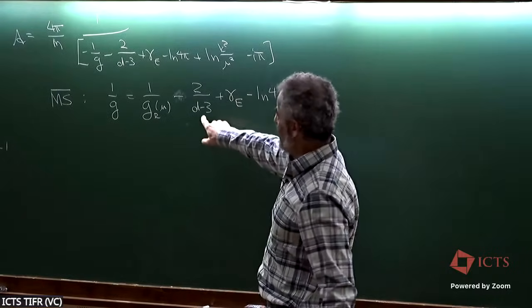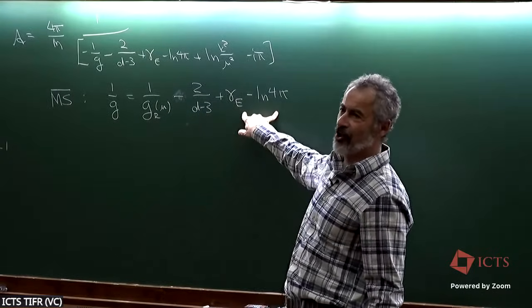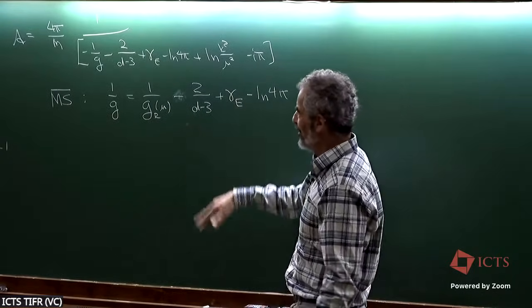So MS would say subtract off the pole term. MS bar says also subtract off this junk. That's just a convention of finite subtraction.